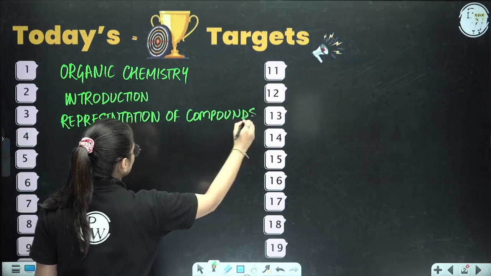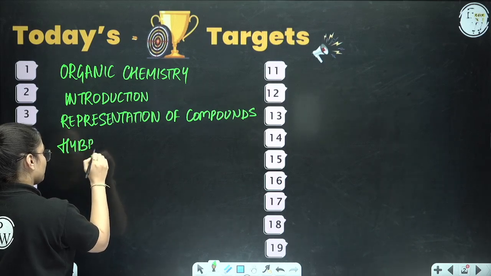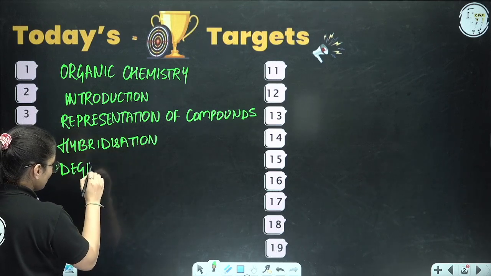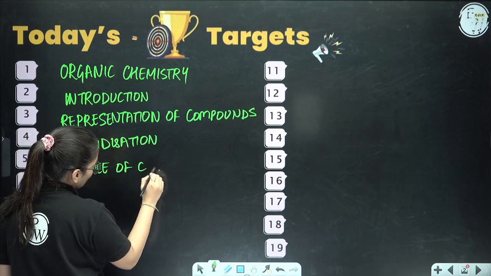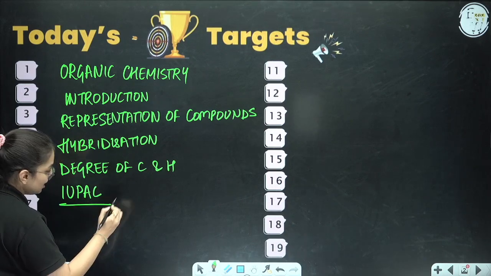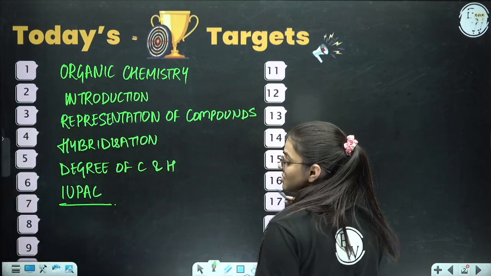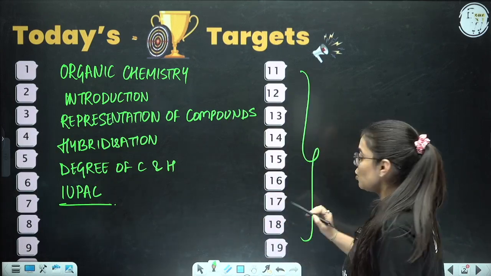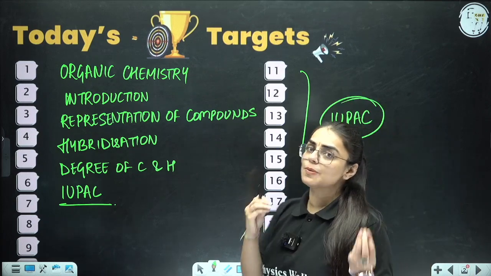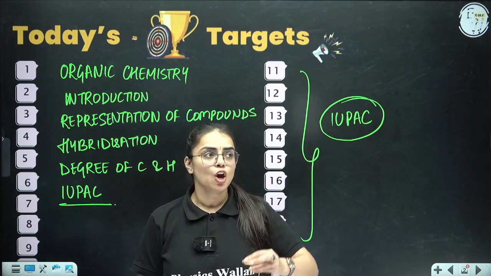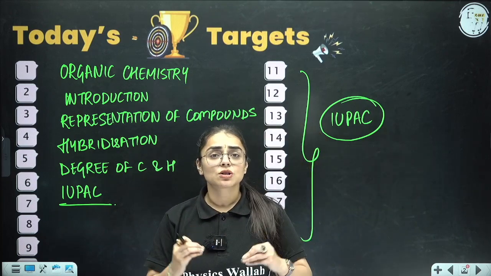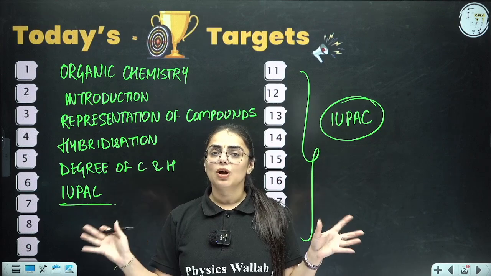After that, I will let you know about hybridization, about degree of carbon and hydrogen, and also we'll understand in depth what IUPAC nomenclature is and how to do it. This last segment will cover your whole IUPAC part, all the nomenclature with regard to simple alkanes, alkynes, or when there is a functional group present such as carboxylic acid, alcohol, aldehyde, ketone, whatsoever it is. We are going to wind up all of that in this particular session.